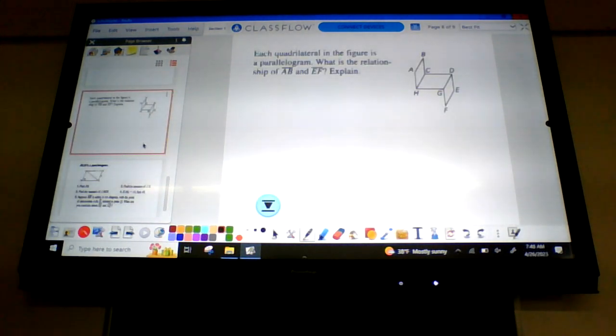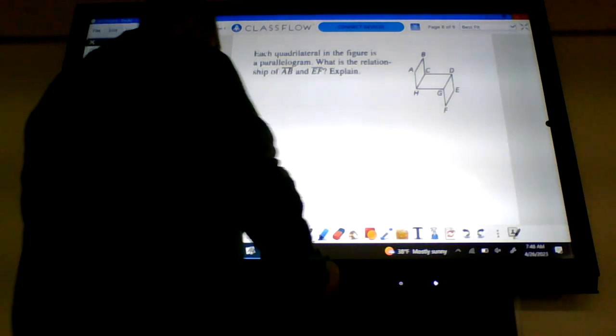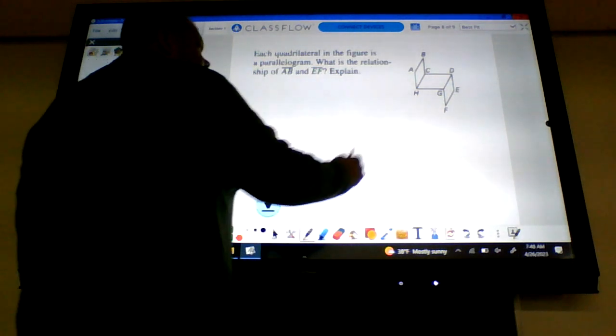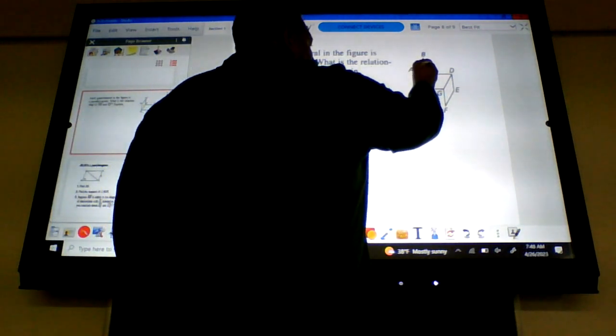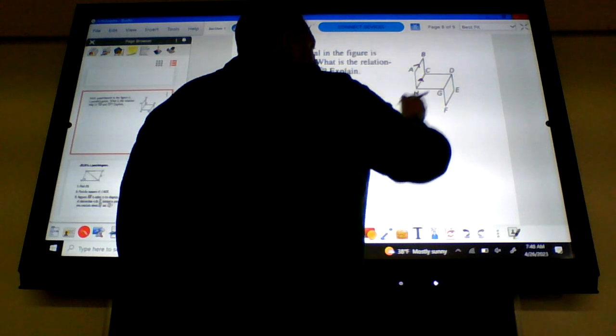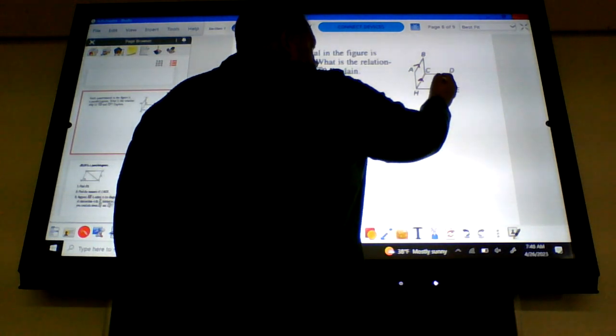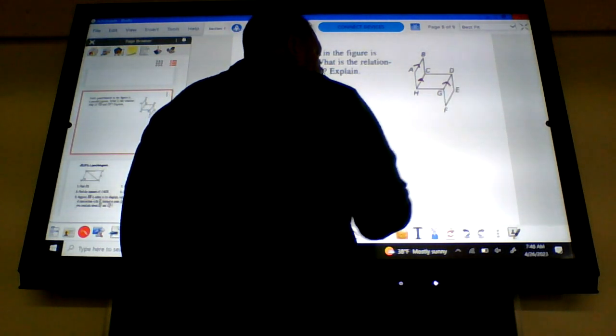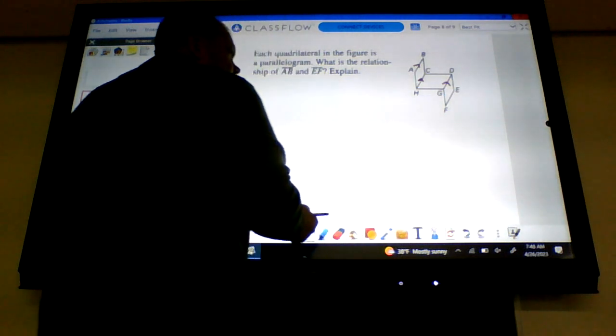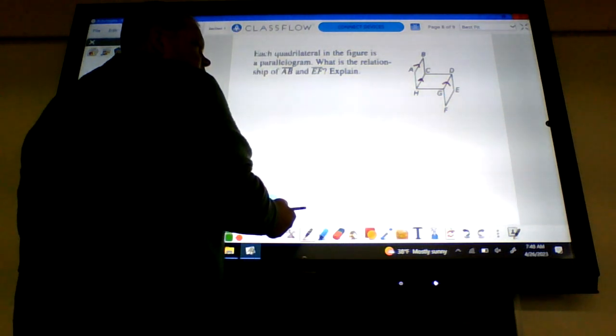In our next example, each quadrilateral is a parallelogram. What is our relationship of AB and EF? Because we have a parallelogram, I know that AB is going to be parallel to HC. And if HC to D to G is a parallelogram, those two sides have to be parallel, which means that AB and DG are parallel.